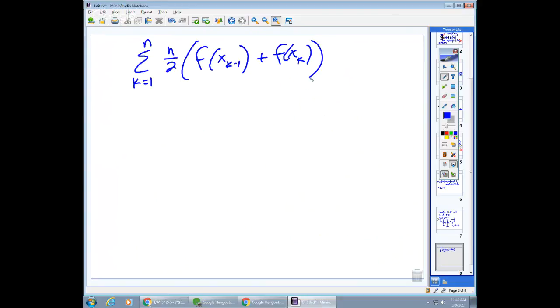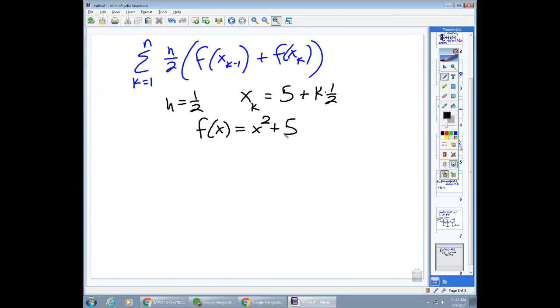For this particular situation, I know two things. I know h is going to be 1/2, and I know that x sub k is 5 plus k times 1/2, right? 5 plus kh. And I also know that f is x squared plus 5.